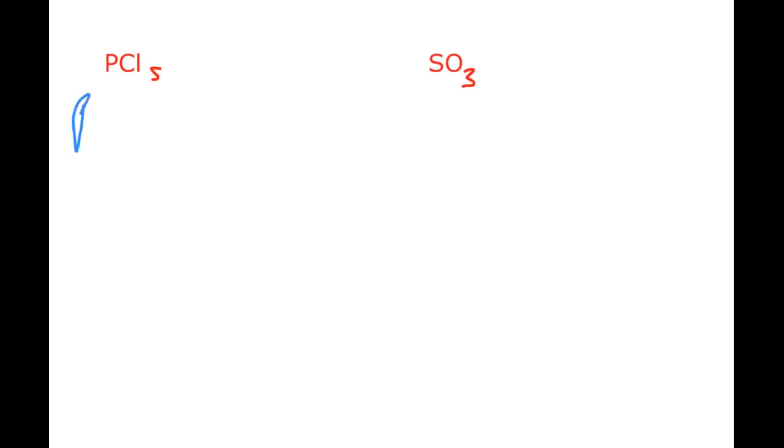Phosphorus has the configuration 1s2. Phosphorus has 15 electrons. Atomic number is 15.